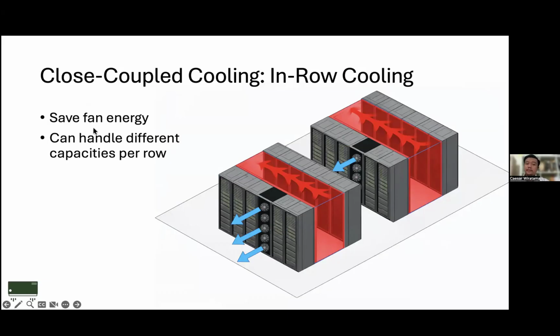So it will save the fan energy from CRAC or CRAH. And one of the important advantages here is you can handle different capacities. Let's say these racks have different capacity. With this, we can simply put a different cooling system in each rack, which is also often found in the industry.